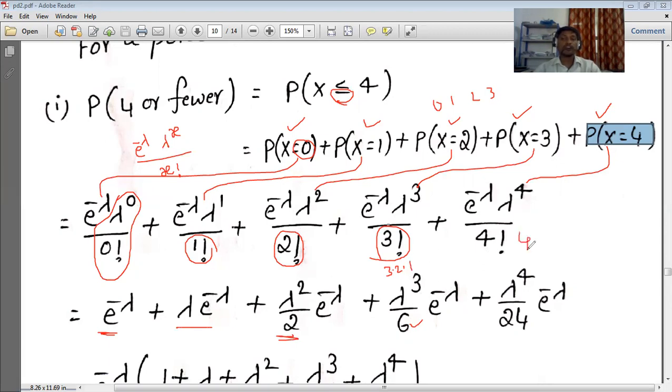And 4 factorial is 4 into 3 into 2 into 1, that is 24, so lambda power 4 by 24 e power minus lambda.